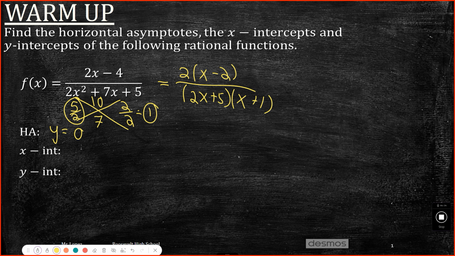Look, f of x becomes 0, because that's y. 0 over 1, cross multiply, we will get 0 equal to 2x minus 4, no? So x better be 2. We plug in x is 2, 2 minus 2 is 0, so the x-intercept will be 2.